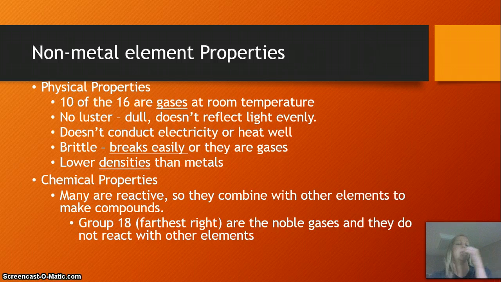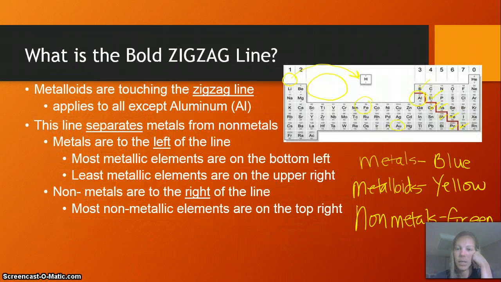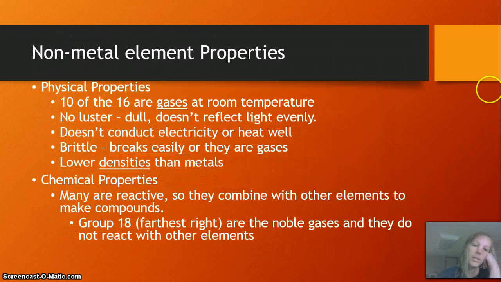But the physical properties of nonmetals is that most of them actually are gas at room temperature or in their natural state. So if you think about it and you look at the periodic table, let's go back there quickly. These are the nonmetals over here, and if you look at it, you've got nitrogen, oxygen, argon, pretty sure that is a gas, and several other ones that are gaseous in their natural state.